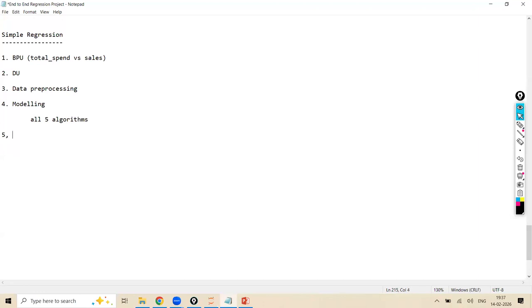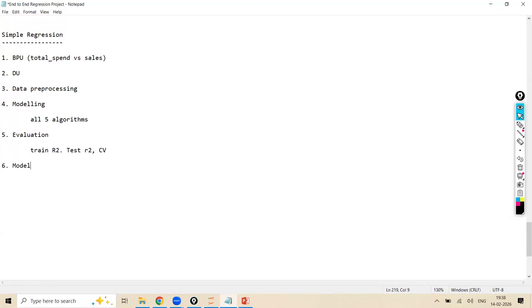And the fifth one is evaluation. For every model we have evaluated train R square, test R square, and CV. Like this for every model we have done: linear regression, non-linear regression, lasso, ridge, and elastic.